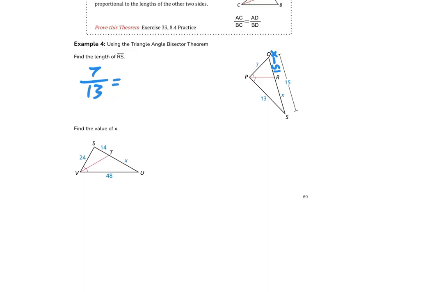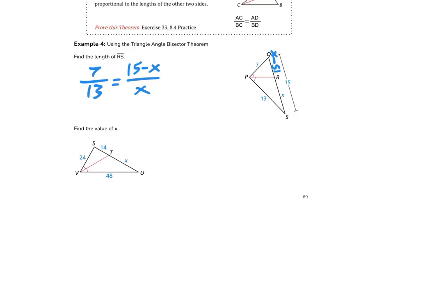When I set up my proportion here then, we're going to put 15 minus x over x. We're going to compare the lengths of those two smaller pieces. So we're not putting 15 into our proportion. We're putting this piece to this piece. Would it be okay if I wrote x minus 15?